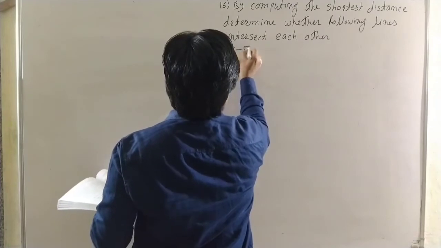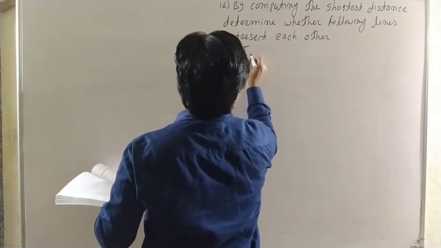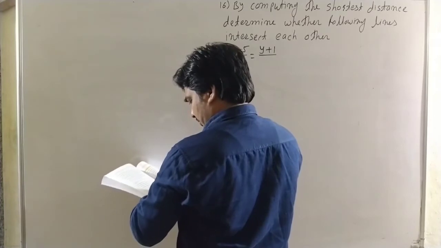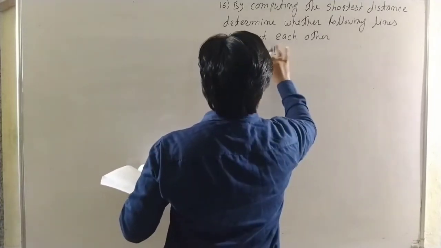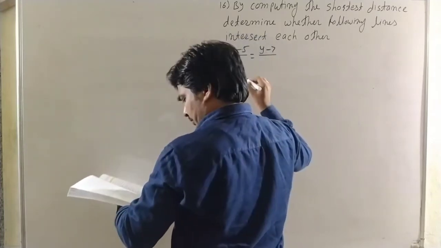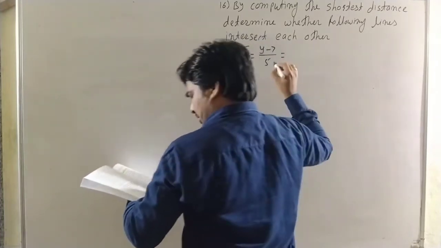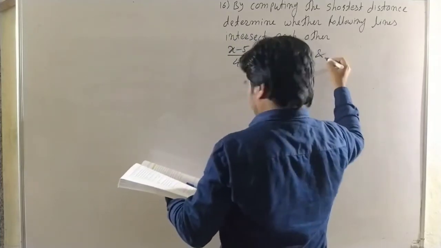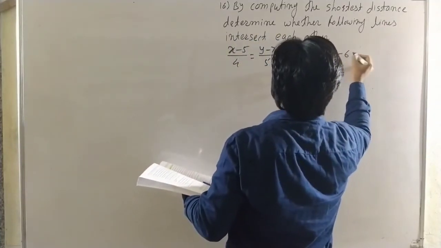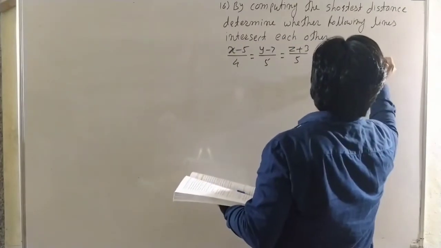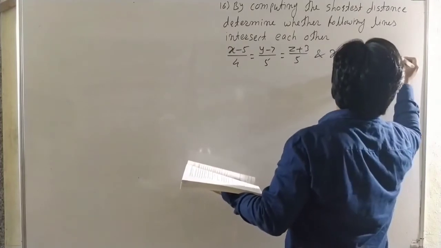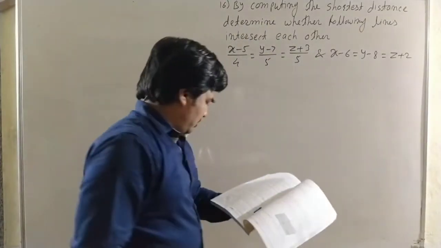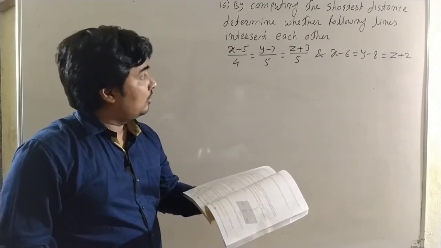The lines are (x minus 5)/4 is equal to (y minus 7)/5 is equal to (z plus 3)/5, and x minus 6 is equal to y minus 8 is equal to z plus 2. See carefully, these are the two lines.